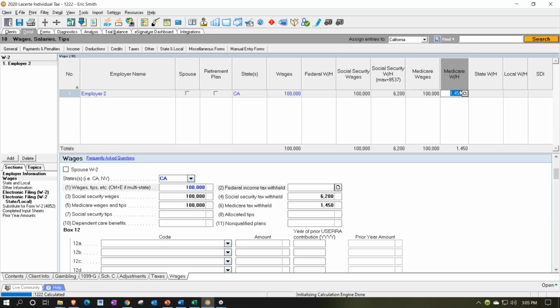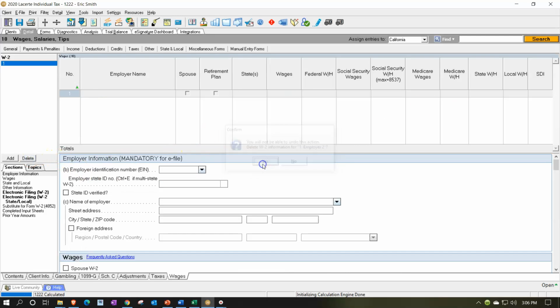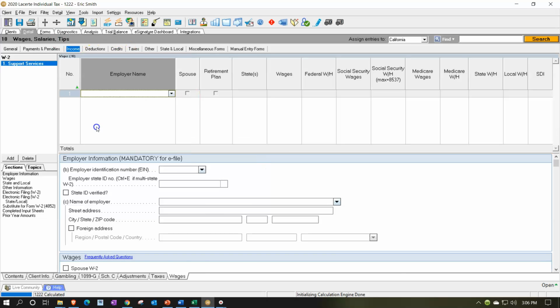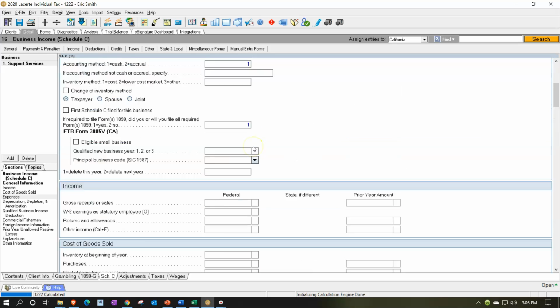If we have Schedule C wages, then these two are going to be a factor for the self-employment tax, in essence, or close to being doubled, due to the fact that we will not only be paying the employee portion, but also the employer portion. So let's go ahead and delete this. Let's remove this. And then let's go on over to the Schedule C for our business.